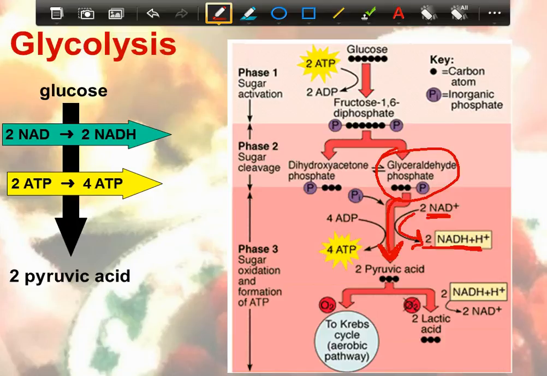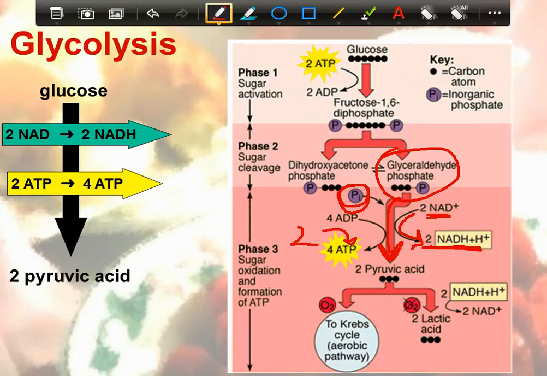Now, in addition, by the way, there are about 3 little reactions that are occurring here, although you don't see them. One of the reactions requires the input of another phosphate. Also during this little set of reactions, there are 2 ATP made.